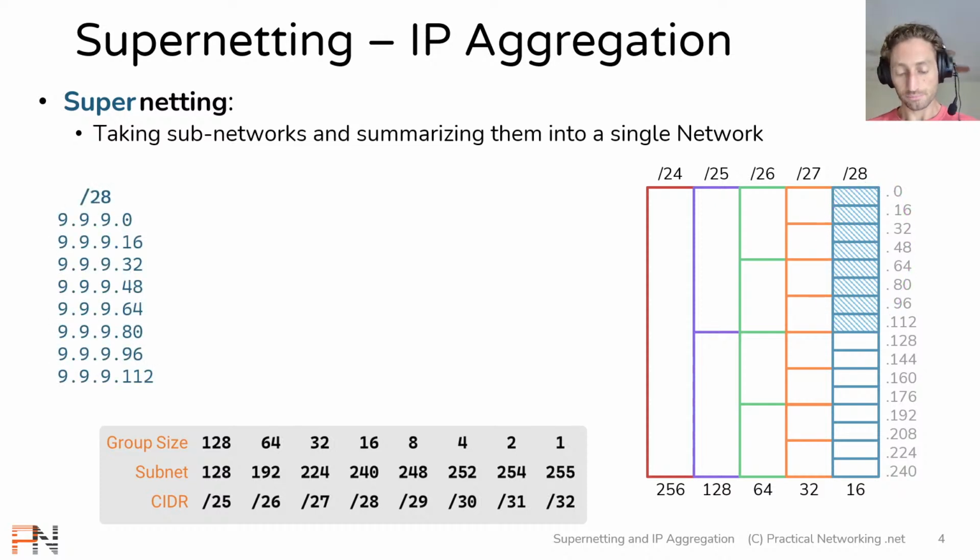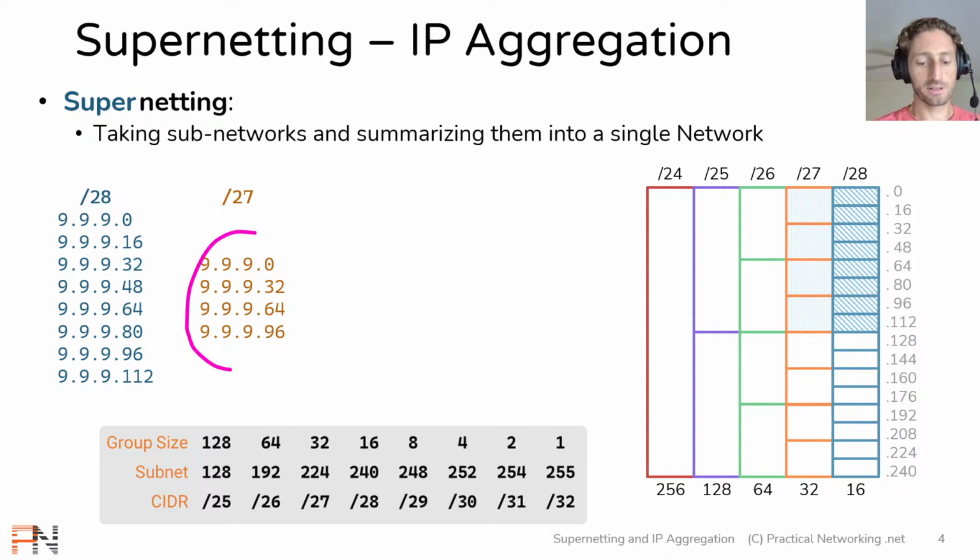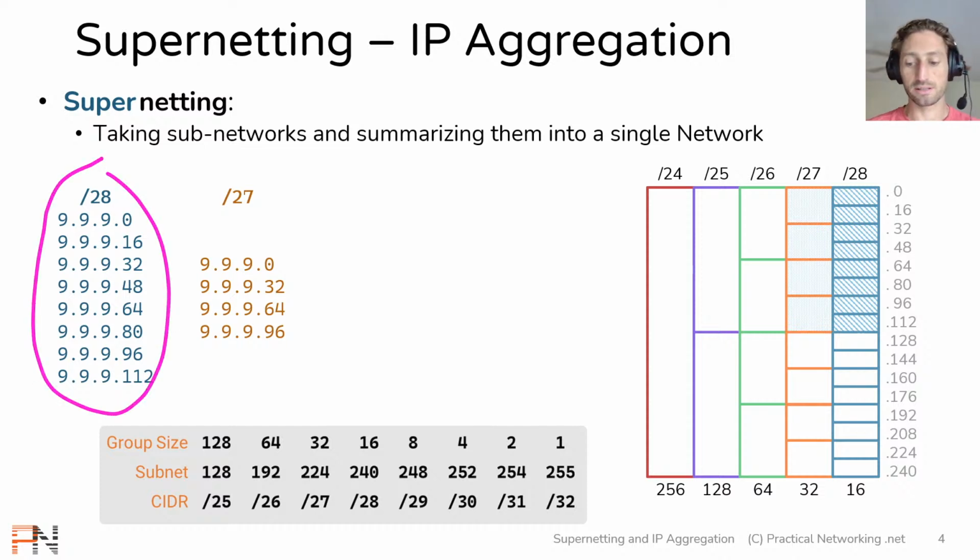To start, we can summarize them in pairs with each other into the /27 they are next to. I can take these two and summarize them into this /27 and these two into this /27, and continue all the way down, allowing me to summarize all 8 of those /28s into these 4 /27s. That is a perfectly valid summarization of these /28s.